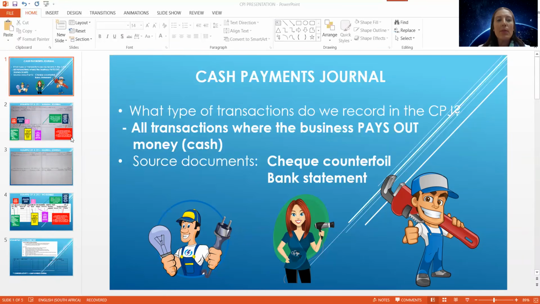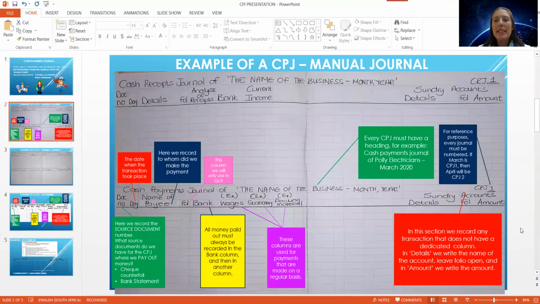Okay, now as with the previous PowerPoint presentation, my students in my school in grade 8 still use the manual method, the 8-column books. So I'm going to show you what the columns are used for, how we label them, and I'm also going to show you how it works if you have a normal worksheet.